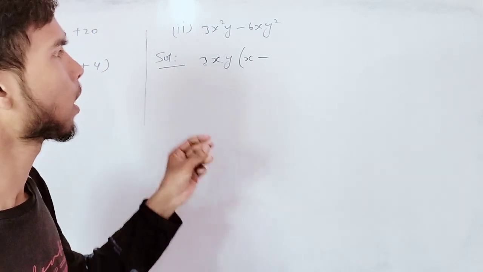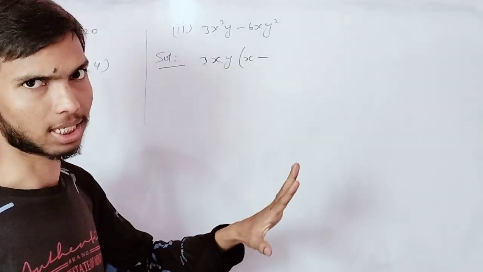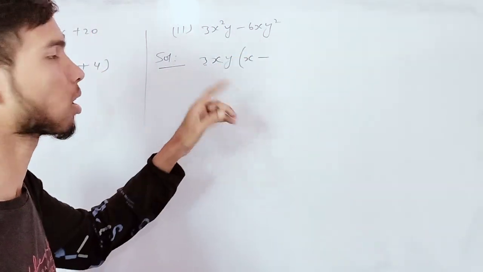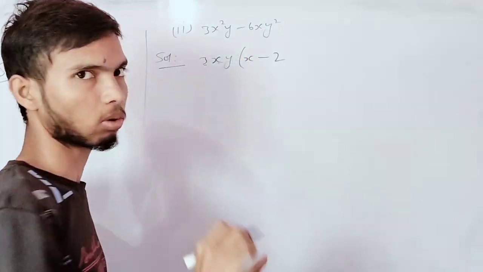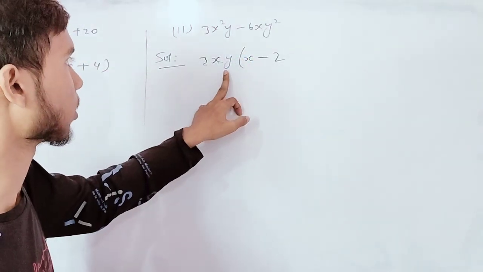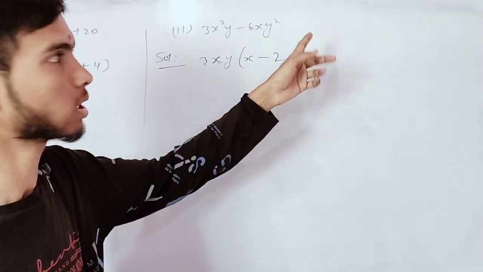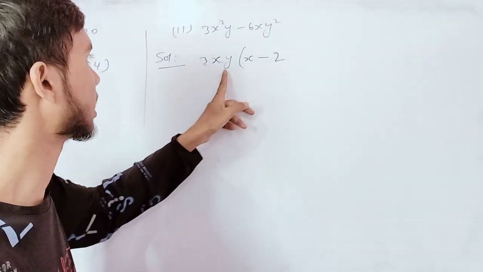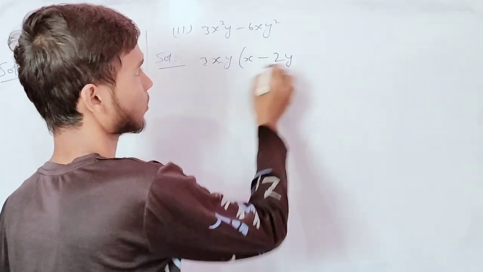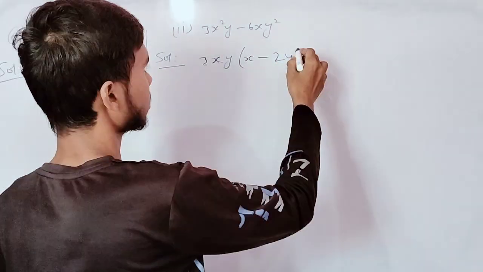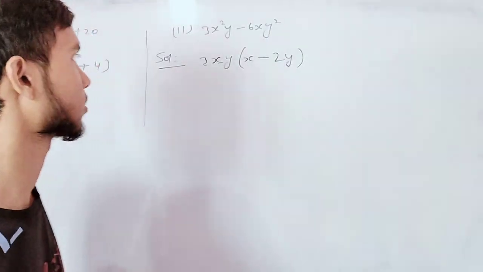Now 3 twos are 6. 6 is a product of 3 multiplied by 2. So 2 and x both are clear. Now here is a y, here is a y square. It's 2 times and it is 1 time. So that's why we will write here y. Clear? That's it.